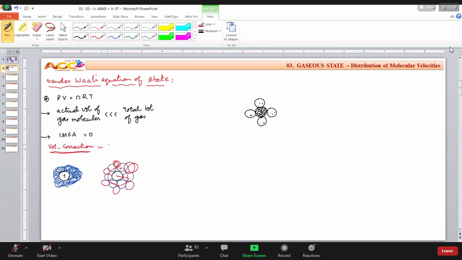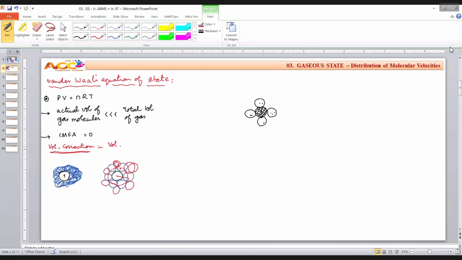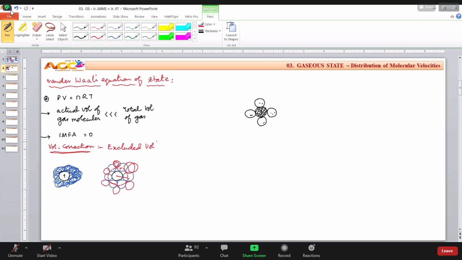Therefore, volume correction is also known as volume excluded. Some people write excluded volume. I want to say actually volume excluded. This is also the name.